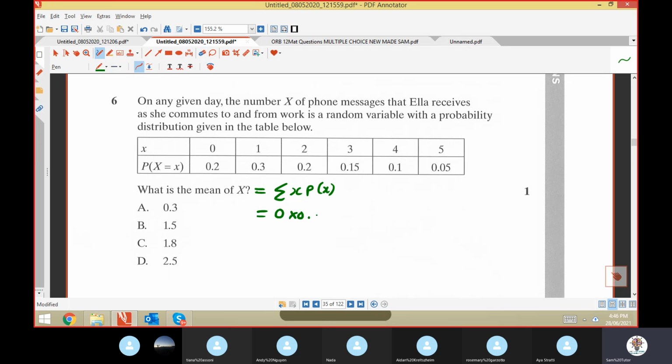So 0 times 0.2 plus 1 times 0.3 plus 2 times 0.2 plus 3 times 0.15 plus 4 times 0.1 plus 5 times 0.05. That should give you 1.8.